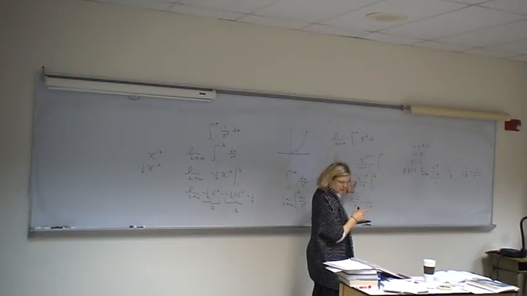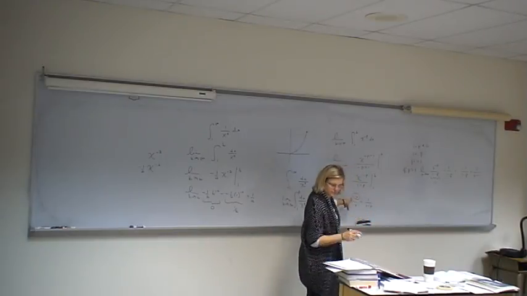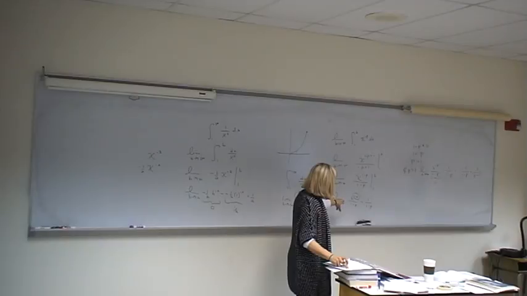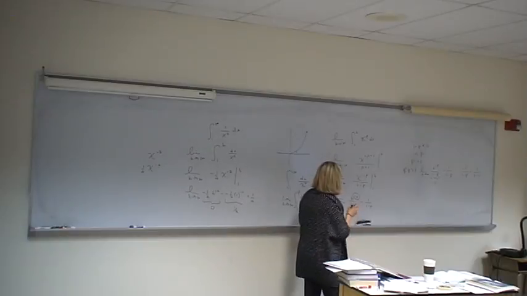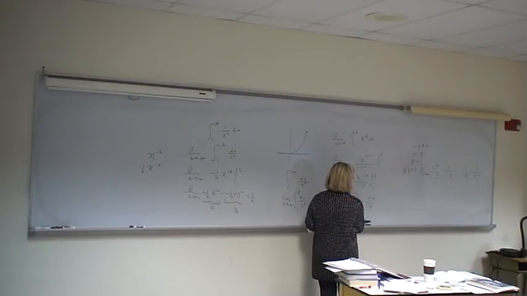So then I have x to the one minus p over one minus p, so b to the one minus p over one minus p minus one to the one minus p, which should still be one, over one minus p.